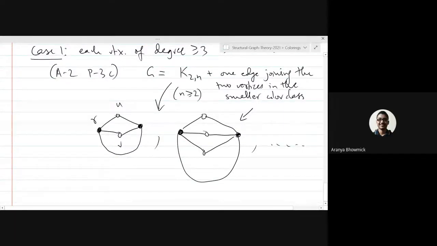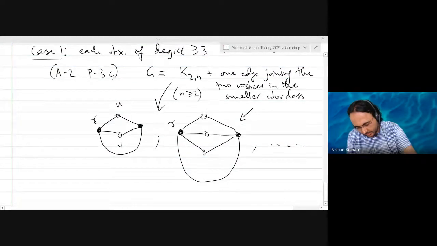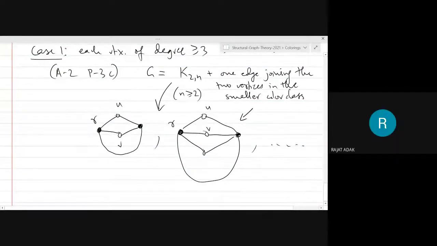The central vertex could be any of the vertices in the larger color class. I think you mixed up slightly: the center will be the opposite, the smaller color class.